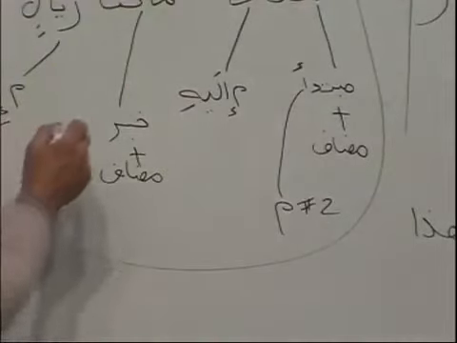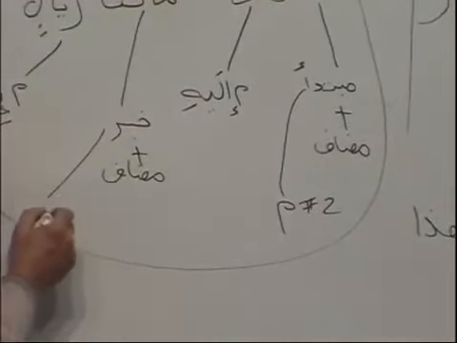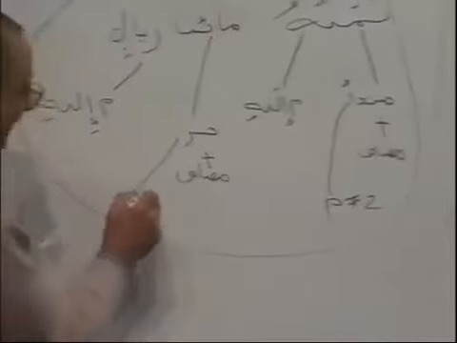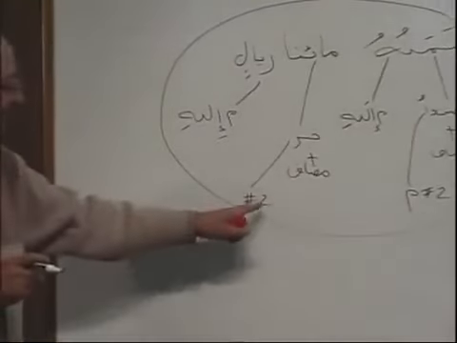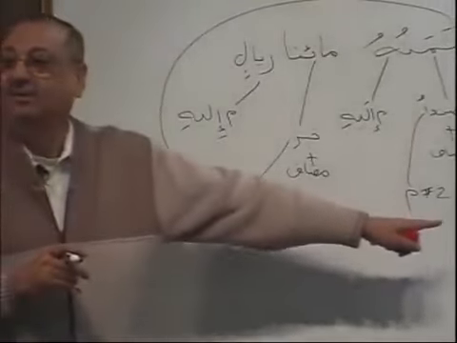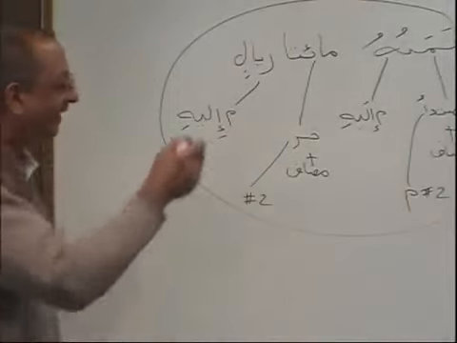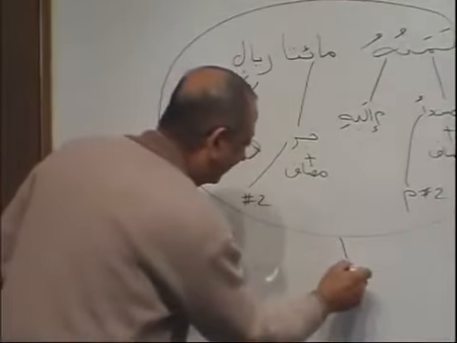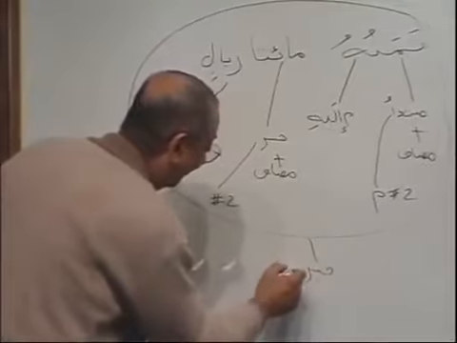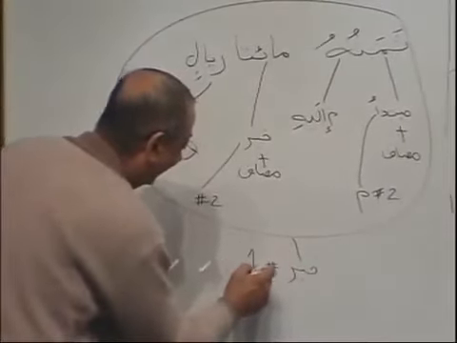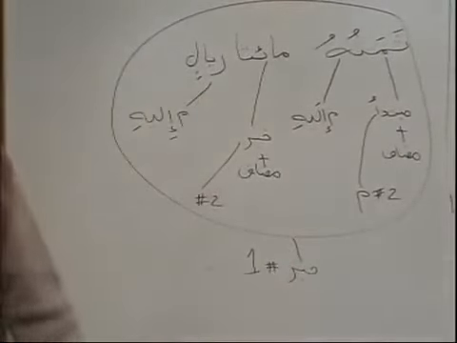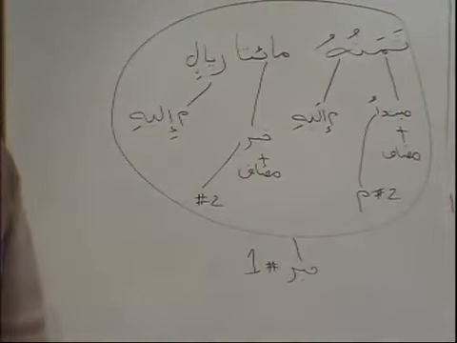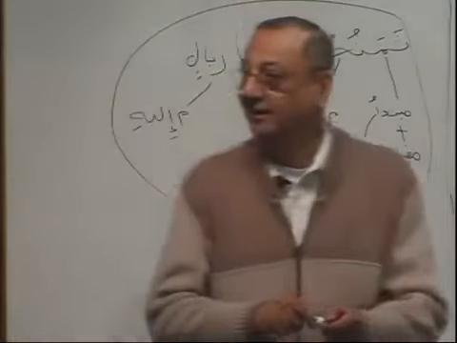And this khabar is khabar number 2, because it is for mubtada number 2. And then this is khabar number 1, brothers and sisters, because this whole jumla ismiya came as a khabar for mubtada number 1. Sister Sukhaina, is it clear, sister?